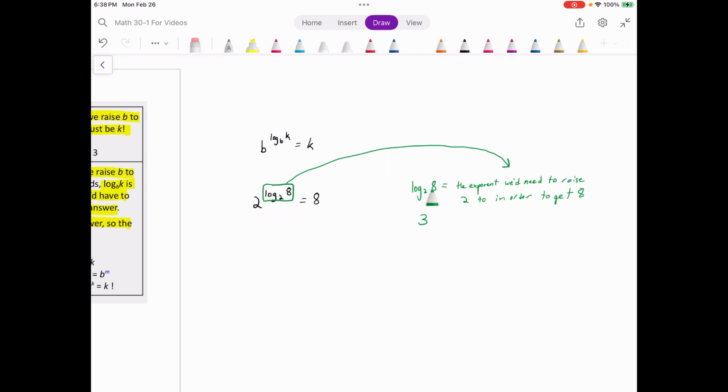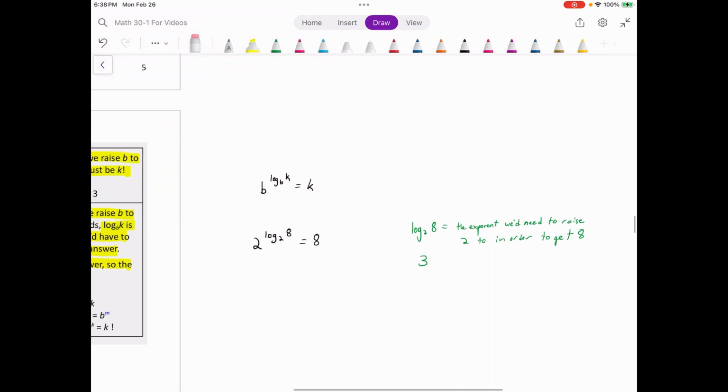And log base 2 of 8 is equivalent to the exponent we need to raise 2 to get an answer of 8, right? So same thing here. I mean, we can kind of show this, right? 2 to the power of 3 equals 8, obviously, right? But that's why this property works, even if we don't have numbers where we could actually figure it out.